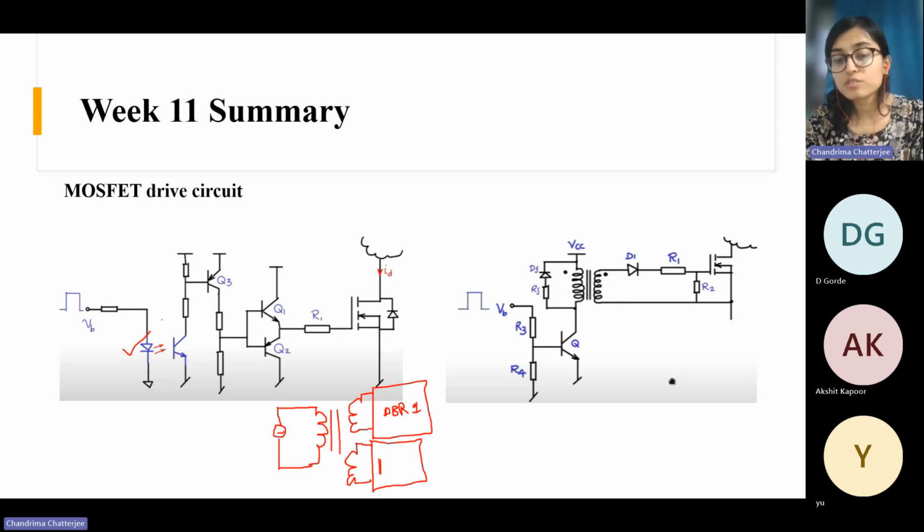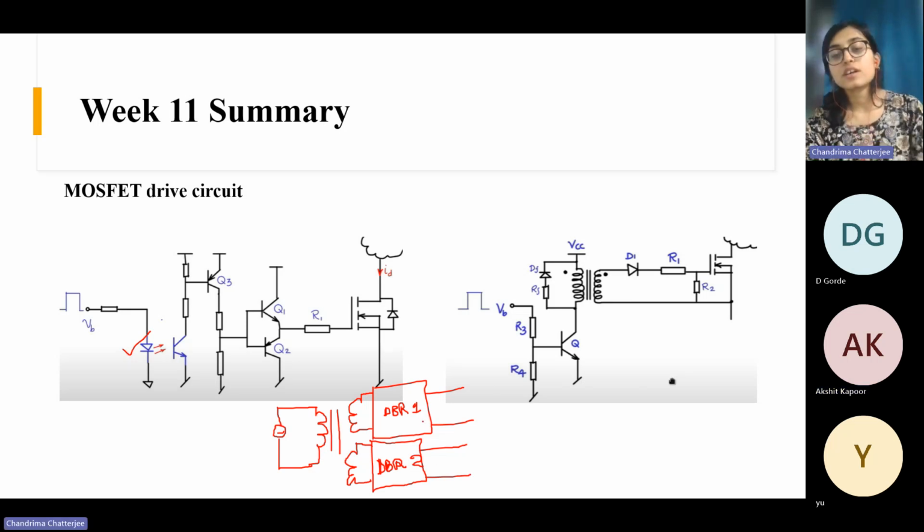In this way also you can provide isolation. This is also possible. So you can have multiple DBR circuits, and because they are already isolated by this transformer, you can give this supply to the power side, and this supply you can provide to the control side.